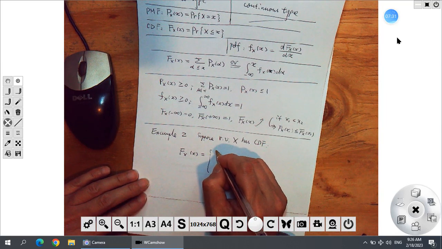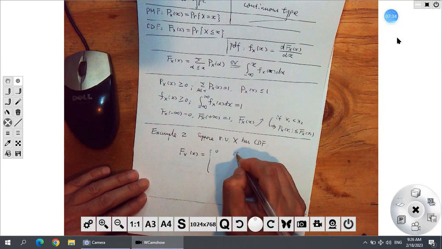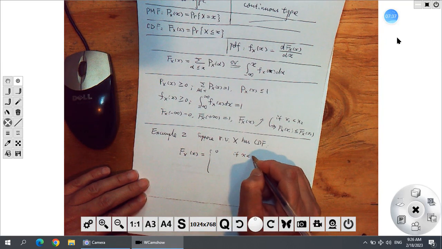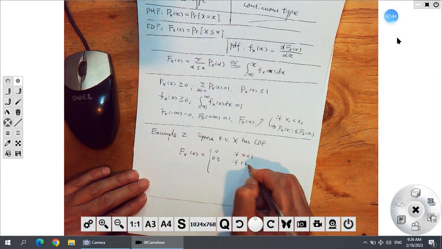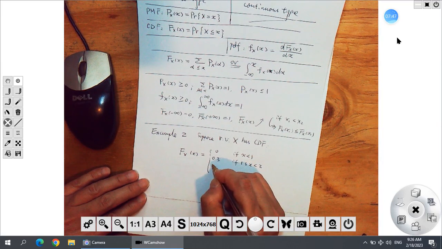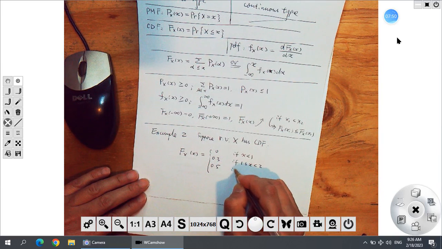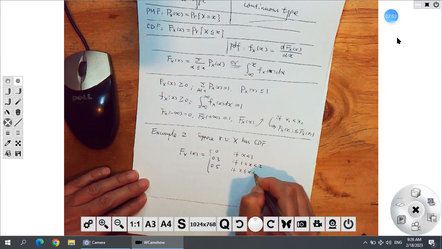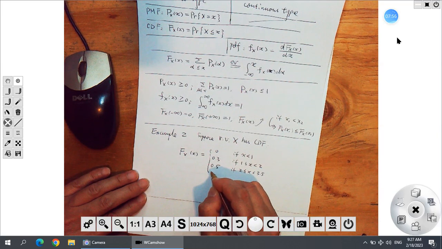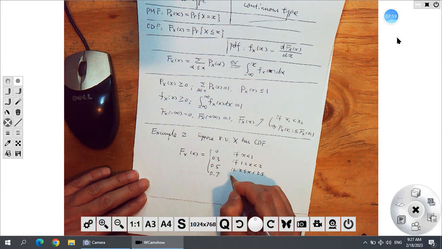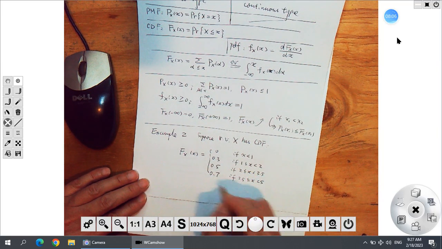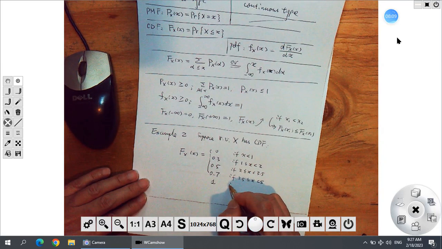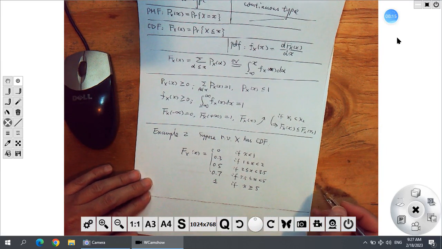Say 0 if x is smaller than 1, and then 0.3 if 1 is smaller than x smaller than 2, and 0.5 if 2 is smaller than x smaller than 3.5, and 0.7 if 3.5 is smaller than x smaller than 5, and it is 1 if x is larger than or equal to 5. Alright, so this is a CDF.